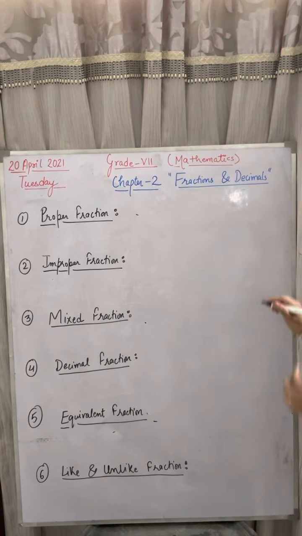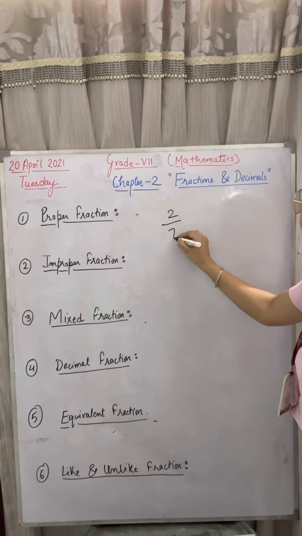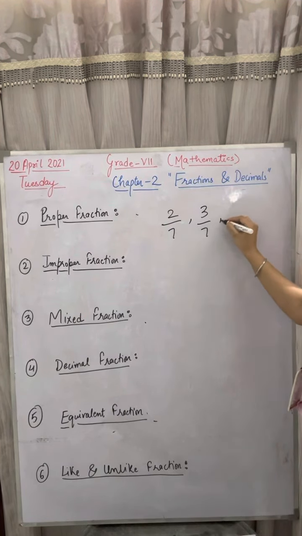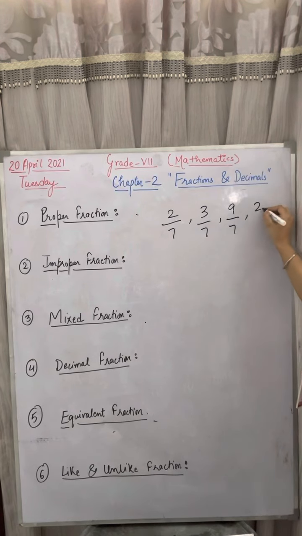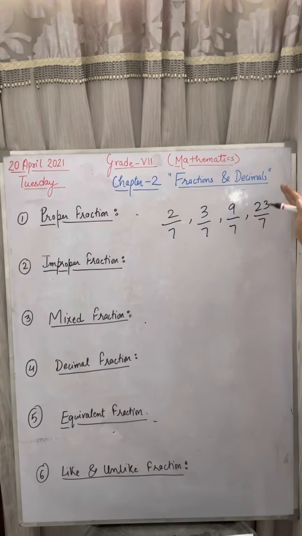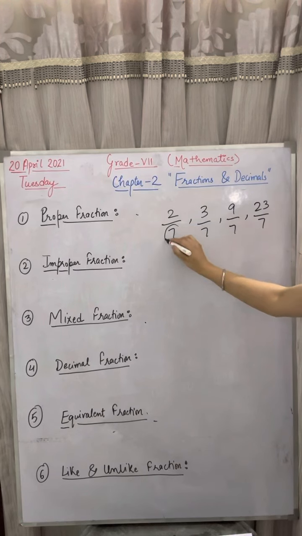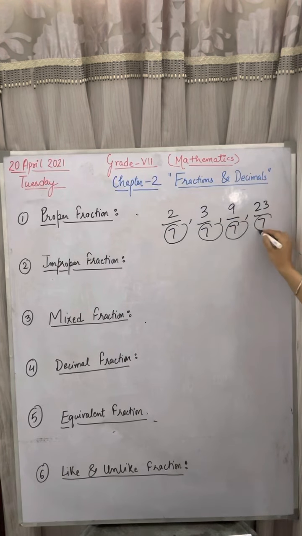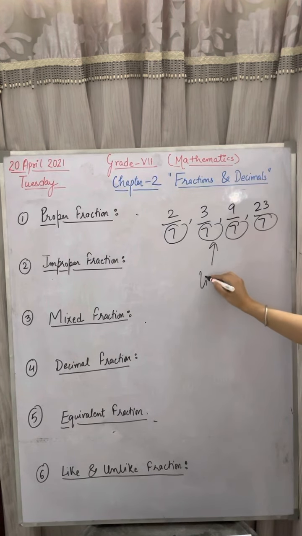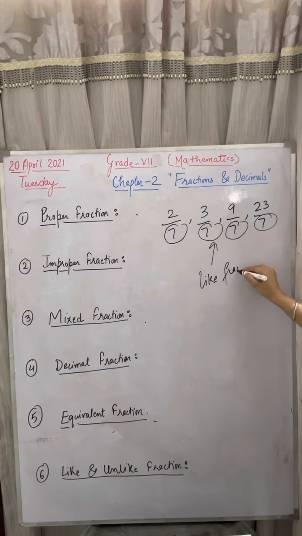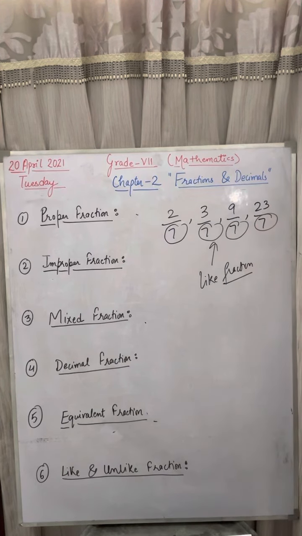These are like fractions: suppose 2 by 7, 3 by 7, 9 by 7, 23 by 7. When the numerators are different but the denominators are the same, those are known as like fractions.